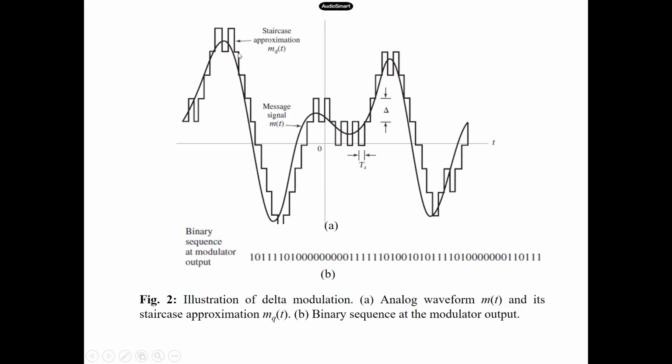Then we have 9 zeros, so we take stairs downside. We are basically coming down the stairs, and then we have 1 again, so we go up. Depending upon this, we are able to generate our signal. And this is our delta: the difference between a low and a high is our delta.